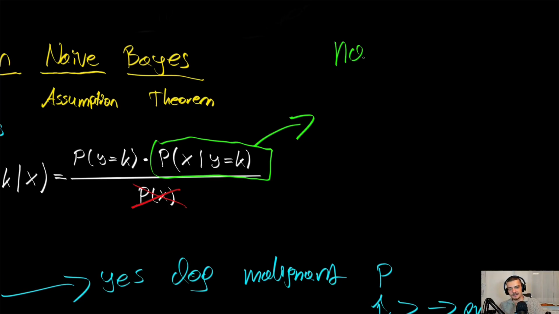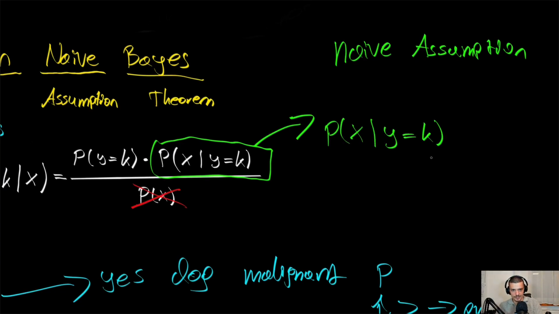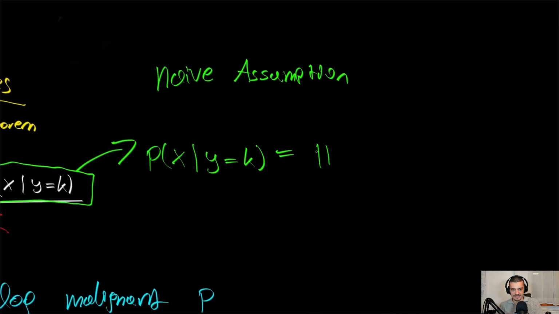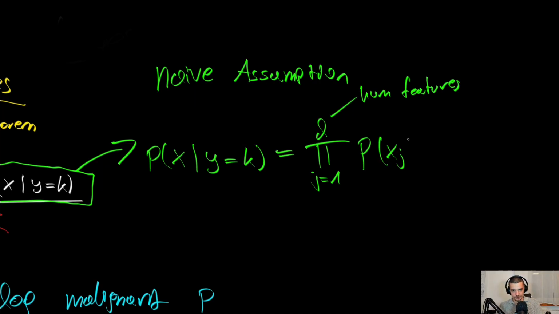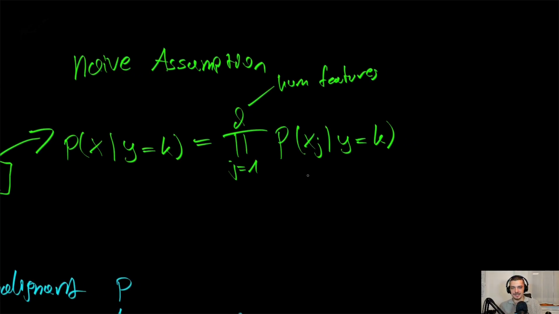But we do make a naive assumption here for naive Bayes, and this naive assumption is that when we know the class, we can just say the probability of x occurring when y is equal to k is the same as the product, j starting at 1 going up to d, which is the number of features, of the probability of a specific feature occurring under y equals k. So we just take the product of all the probabilities, which only works if we have independent features. So we're multiplying them together. That's a naive assumption that this is true.